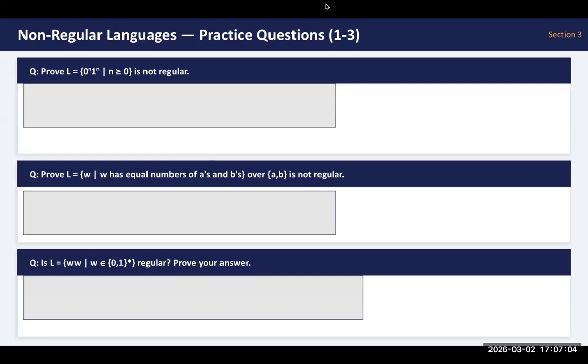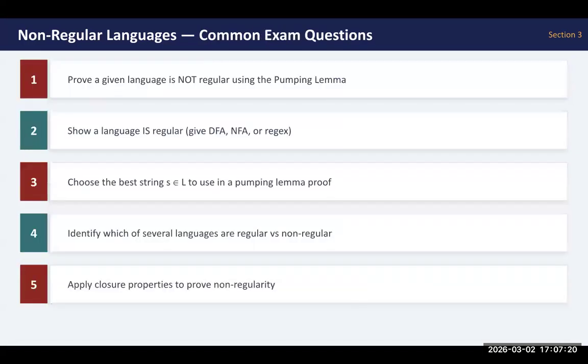And then for this, the first step would be to choose your S, right? Very common to just do 0^p 1^p, and then go by the rules that we had. So let's just write down the rules really quick.